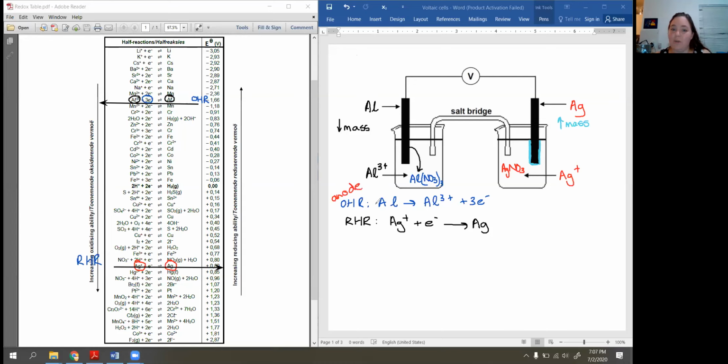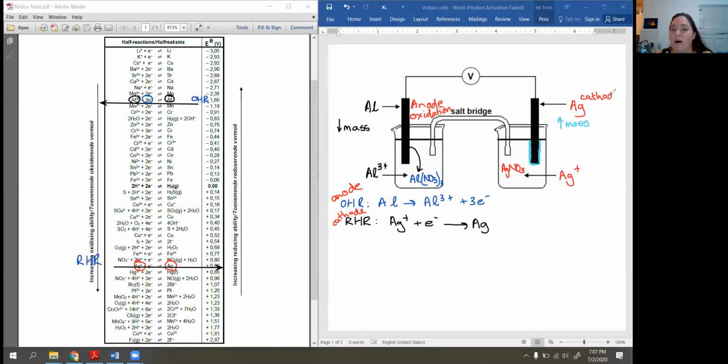So my anode was where aluminium is, so I can now go and comfortably call this the anode. And remember, it's also where the oxidation occurs. There also was RED CAT. Reduction is at the cathode. So I can now go across here and say that this is my cathode.